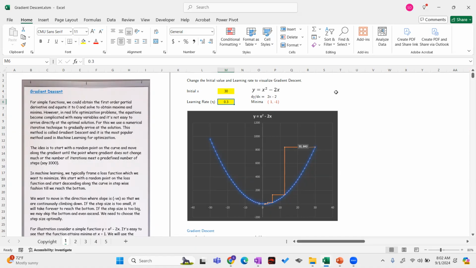It is related to accuracy, but the main advantage is the chances of skipping the minima are less because you are taking very, very small steps. So there is a high chance that you will reach the minima the first time and then stay there. You will not overstep the minima. That is the advantage.